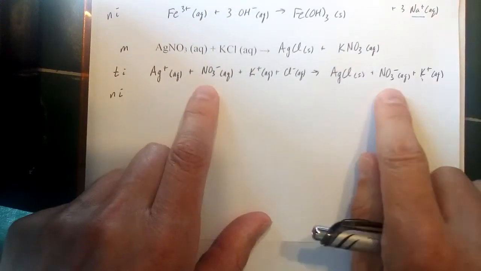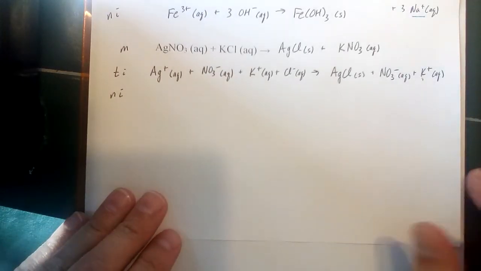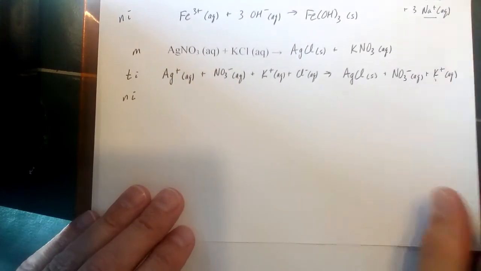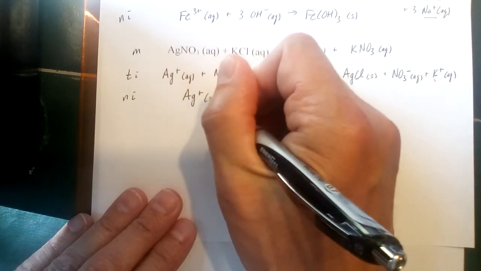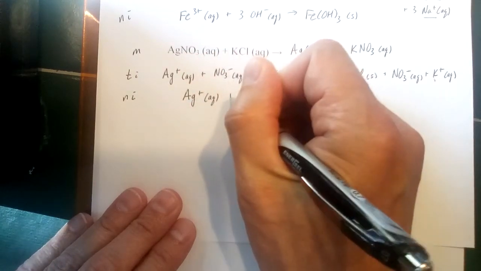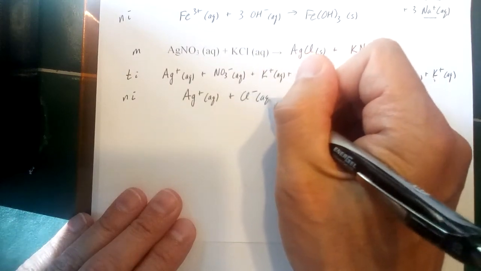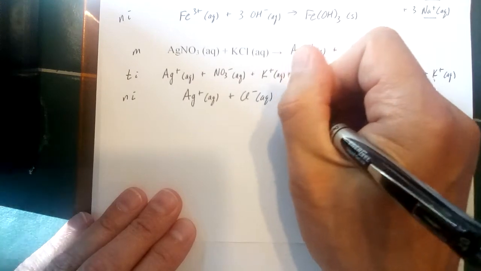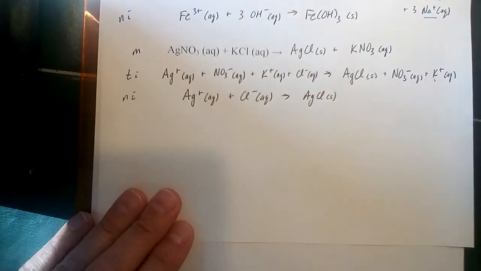Nitrate and potassium were soluble on both sides, so they are the spectator ions. They will not appear in the net ionic equation. The net ionic equation here is soluble silver reacting with soluble chloride ions to form the silver chloride solid.